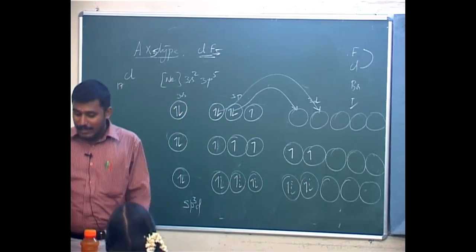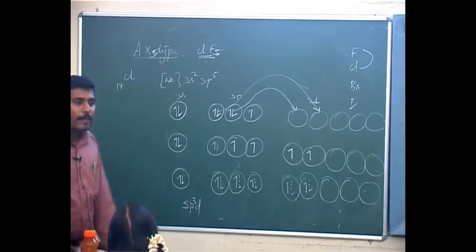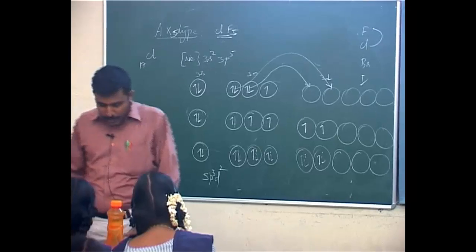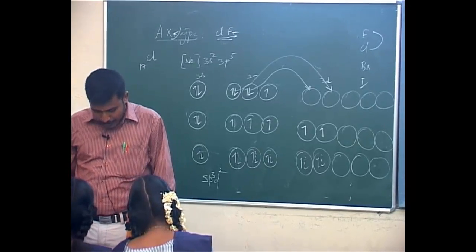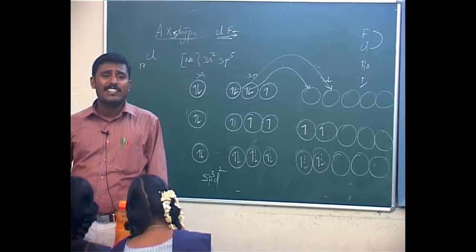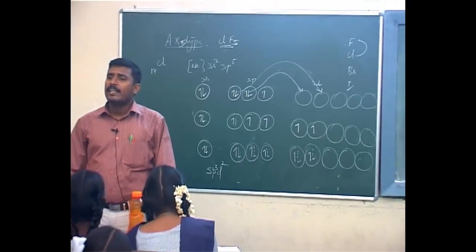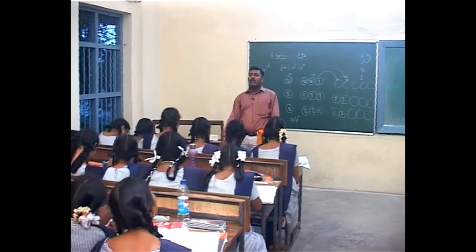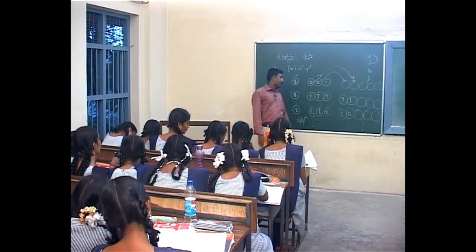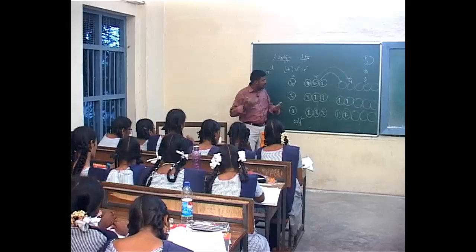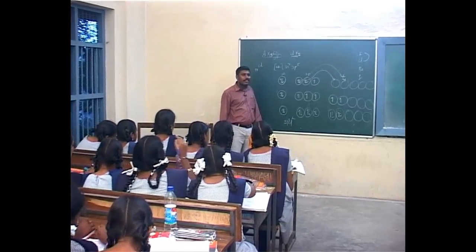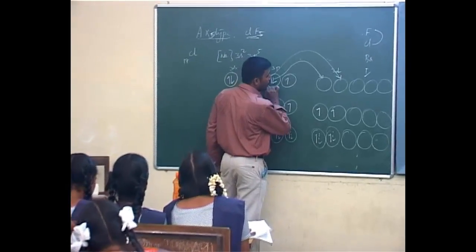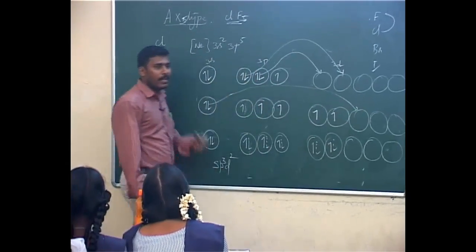Very same thing, but in this case which hybridization? sp3d2 hybridization, octahedral shape. Which shape? Octahedral shape. What about AX7? Pentagonal bipyramidal shape. How to produce 7 unpaired electrons? From this also goes to here.